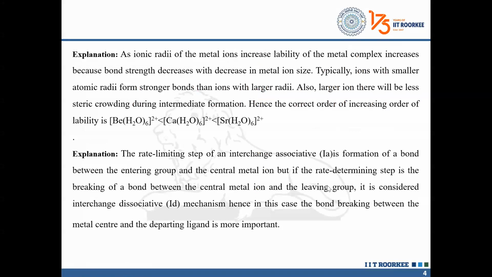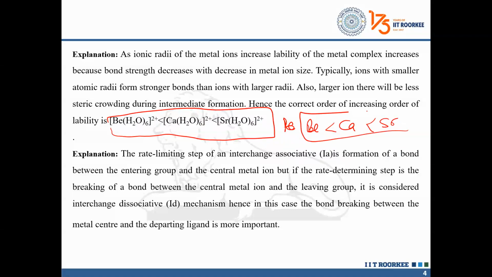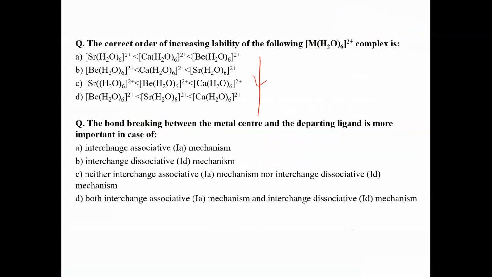Typically, ions with smaller radii form stronger bonds than ions with larger radii. So if we arrange the size of these cations, they will be beryllium, then calcium, and strontium. So the order of lability will also be in the same order. So this will be the right answer.